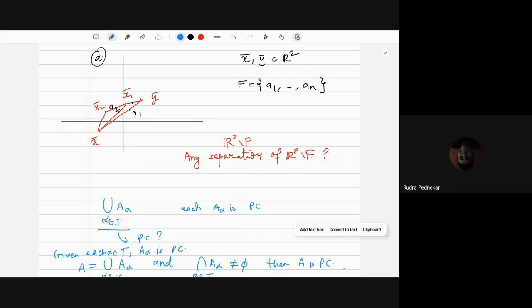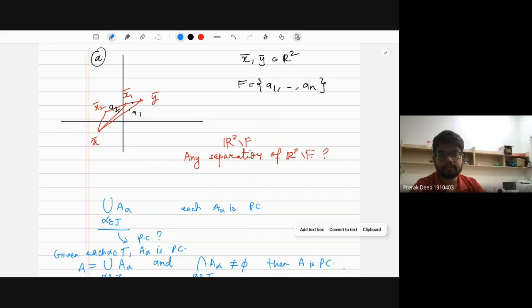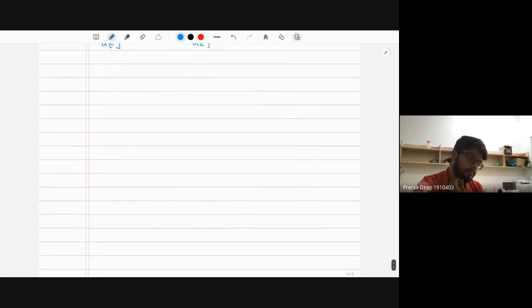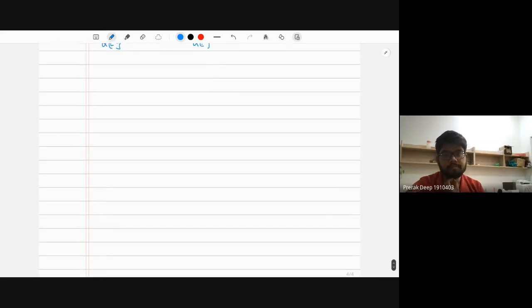Yes, sir. R2 minus 0 is a path connected space because it is just removing a single point, the singleton zero, from your space. Okay. Any other question? No, sir. Good.